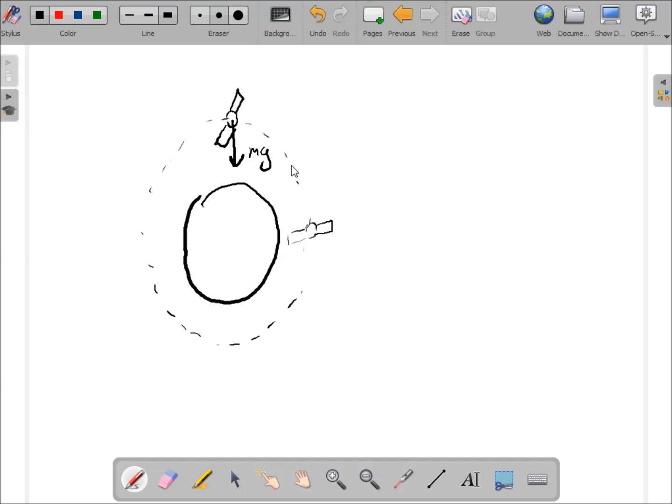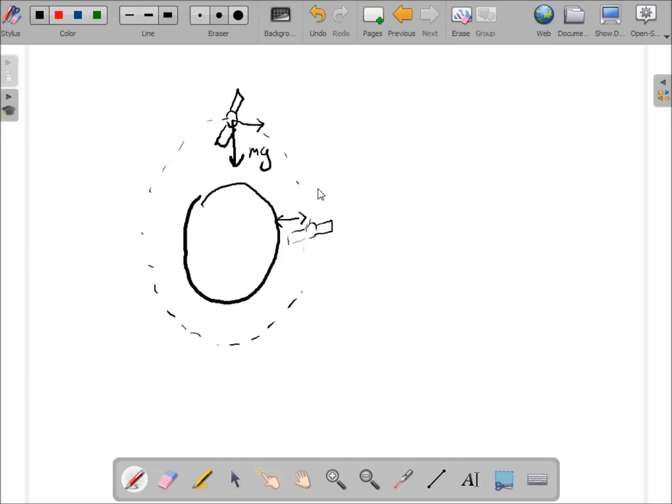Well, what we need to consider is how far is it moved in the direction of the force. Well, at this point here it's still the same distance away from the Earth, and the force is always towards the centre of the Earth, so the movement is always perpendicular to the direction of the force.